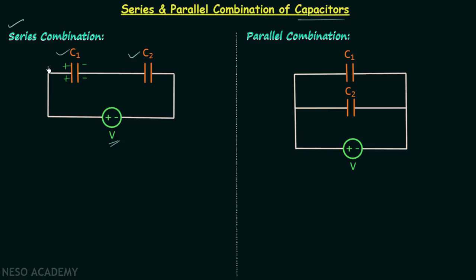And let's say the charge delivered by the source is equal to Q, so this plate will have the plus Q charge and this plate will have the minus Q charge.